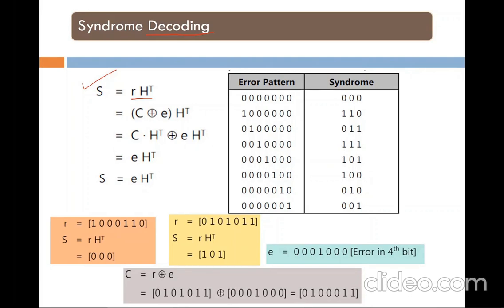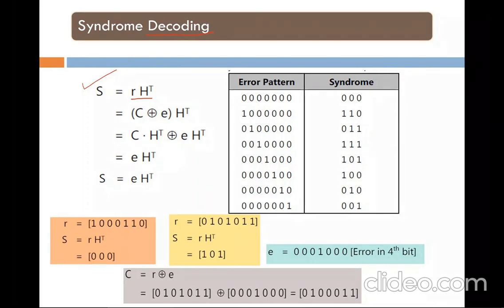On the transmitter side, we have transmitted a code word, which is the message word concatenated with parity bits, right? Message words followed by parity bits. This code word has been transmitted from the transmitter side. Over the channel, due to the addition of noise, some of the bits may get converted into the opposite bits, or we call it errors being introduced.